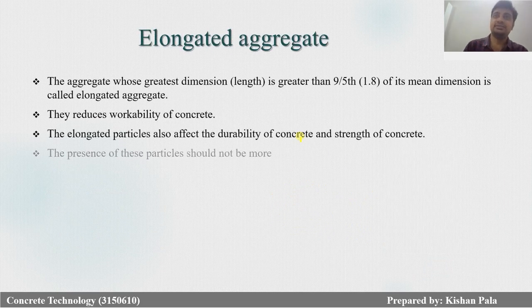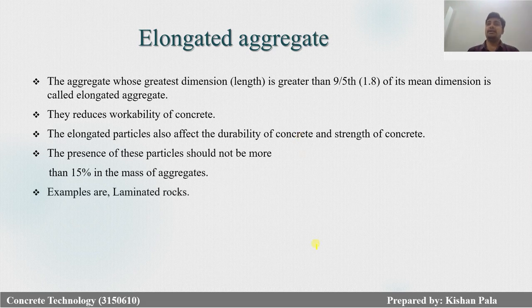Elongated aggregates. Elongated aggregate refers to the greatest dimension in the aggregate. If the greatest dimension, the length, is greater than 180 percent of the mean dimension, it is known as elongated aggregate. Clear? They also reduce the workability of the concrete like flaky aggregate, and also affect the durability and strength of the concrete like flaky aggregates.